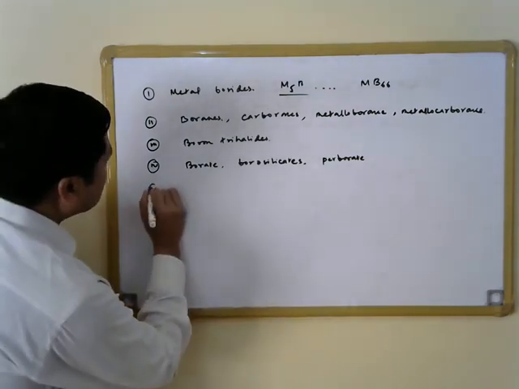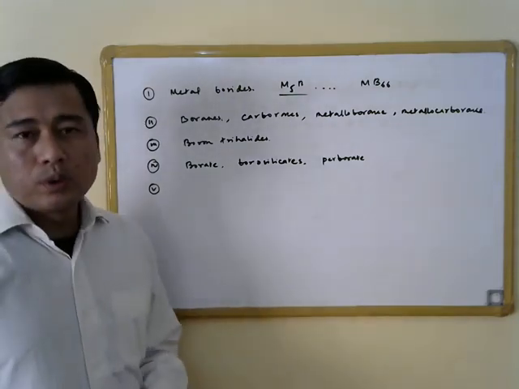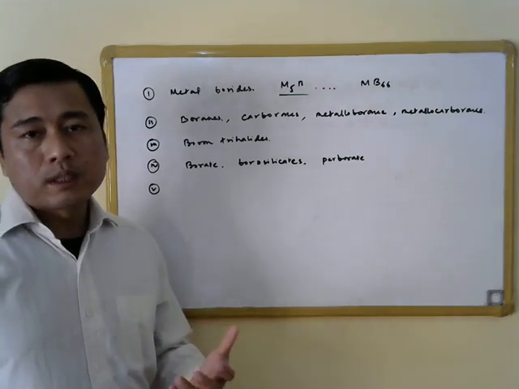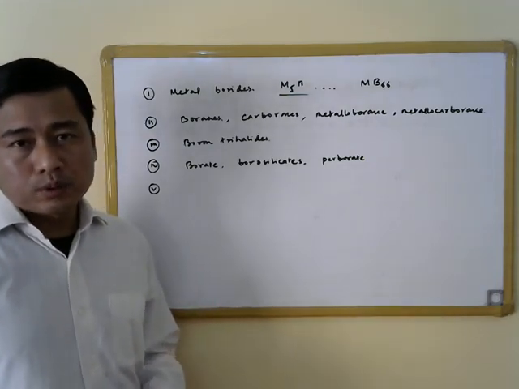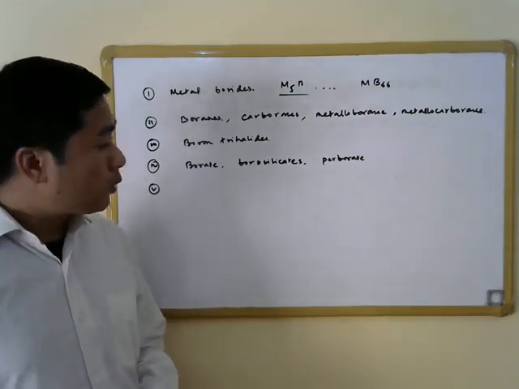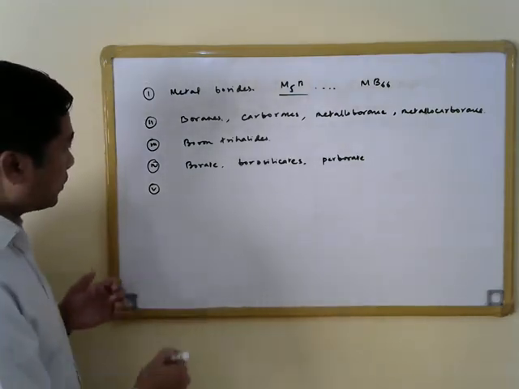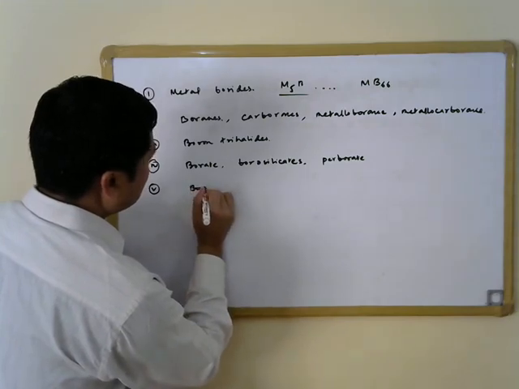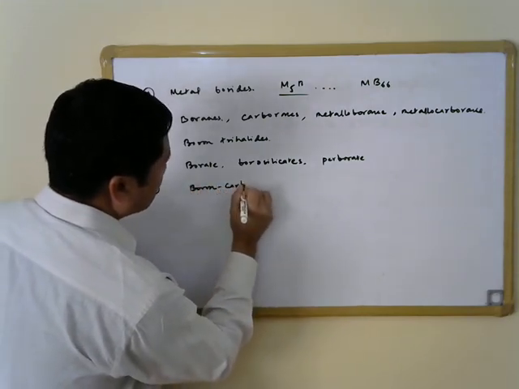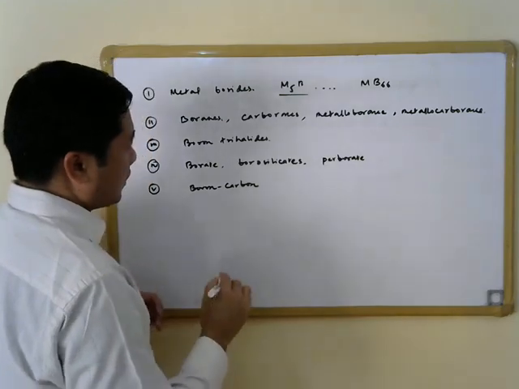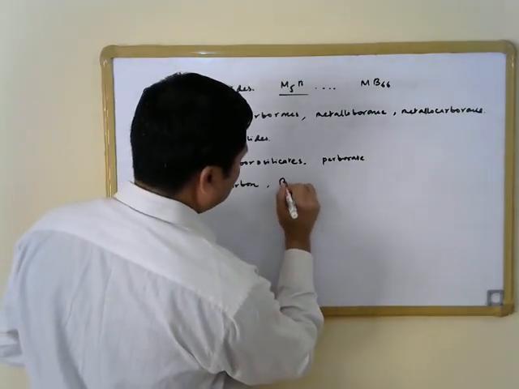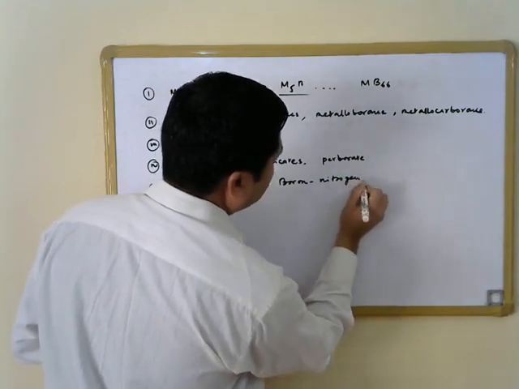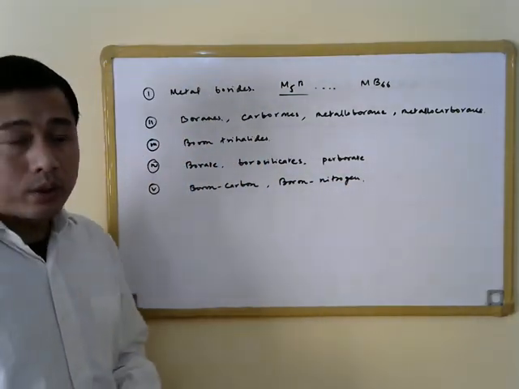So then the last class of compounds formed by boron are compounds of boron with carbon, or more or less, what we can say is that these are organic compounds. These can be classified as organic compounds of boron, that is boron-carbon compounds, or boron-nitrogen compounds can also be included in this particular category.